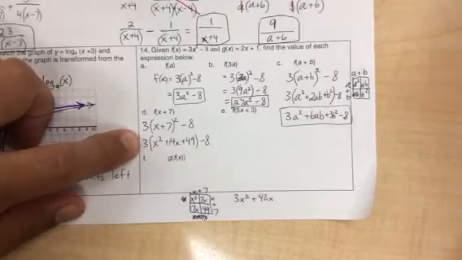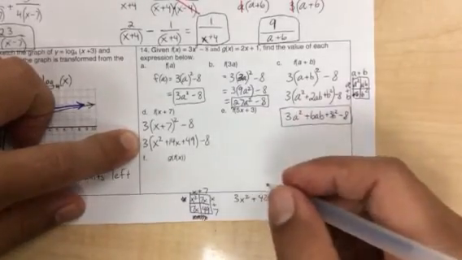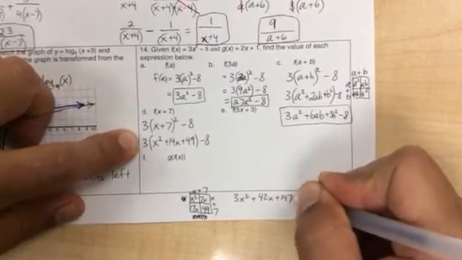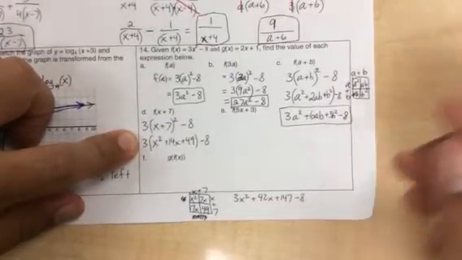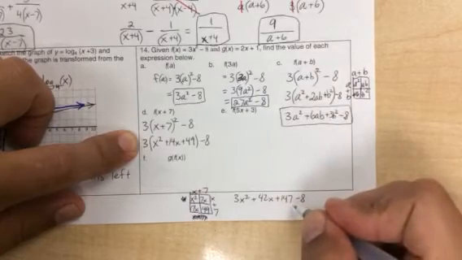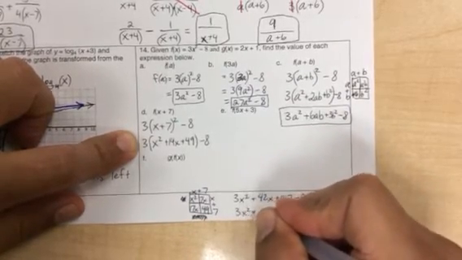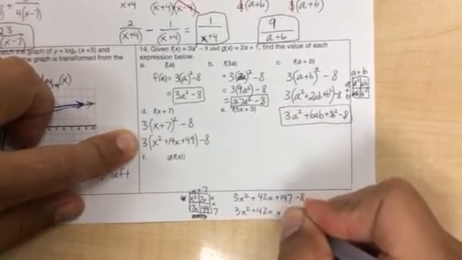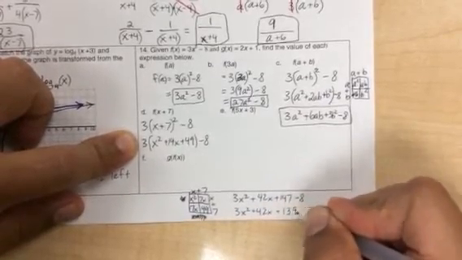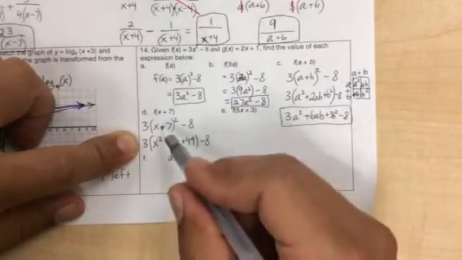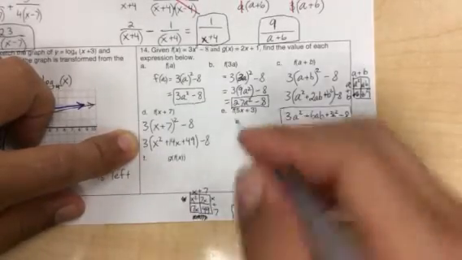And then 3 times 49, that's 3 times 50, that's 150 minus 3, that's 147 minus 8. So now 147 minus 8, that's 139. So this ends up becoming 3x squared plus 42x plus 139. Alright, and that's your answer for letter D. So letter D is your final answer.